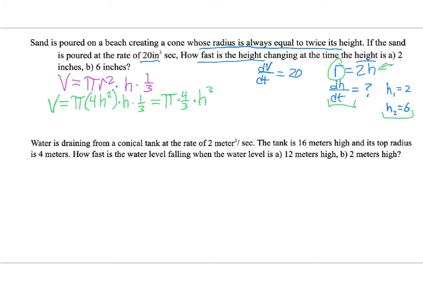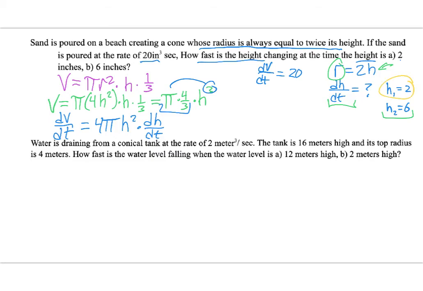The derivative of that, so dV/dt, is going to be, bring the 3 down, this is a constant, 3 times 4/3 is going to be 4 pi h squared times dh/dt. Let's plug stuff in.